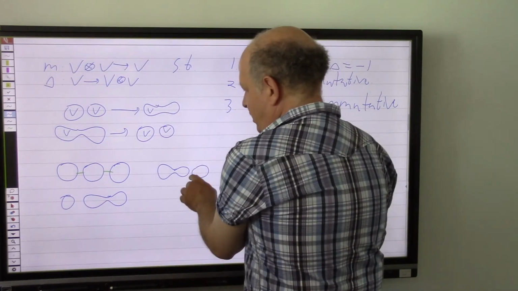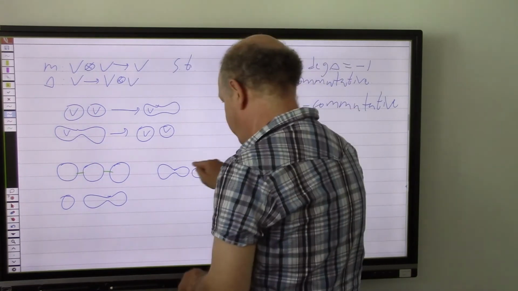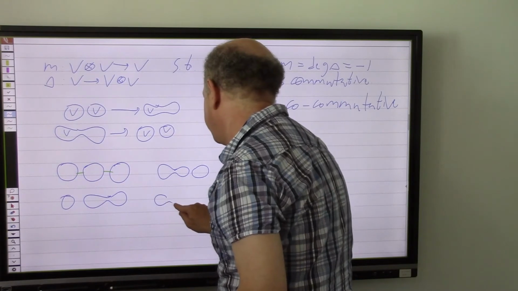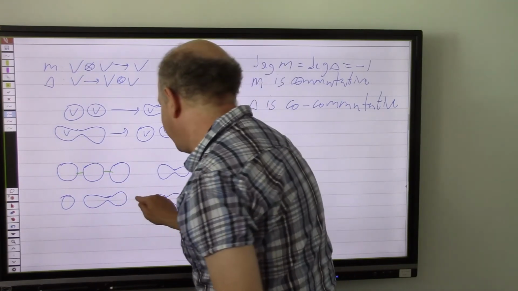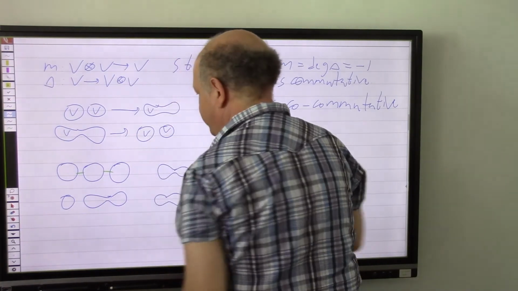And now I could swap this smoothing again, the smoothing on the right, and I get this picture. And I could come to the same picture by resmoothing on the left.